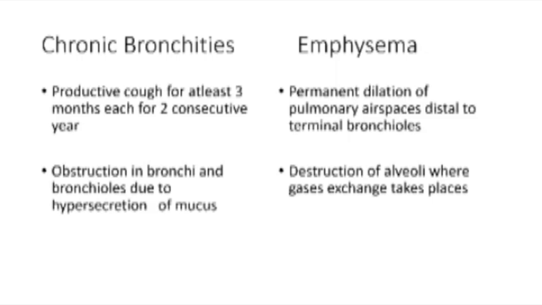And there is destruction of alveoli, where gas exchange takes place. In the lungs, we see that O2 and CO2 exchange takes place, and where this exchange happens, that is the alveoli. So there is destruction of the alveoli itself. In emphysema we see dilation of air spaces and destruction of alveoli.